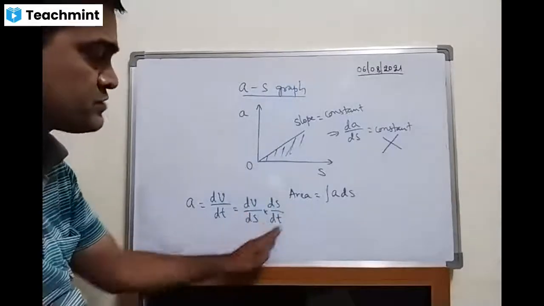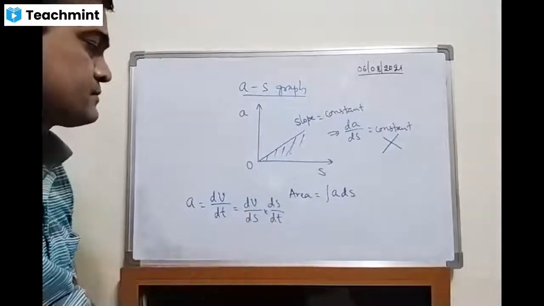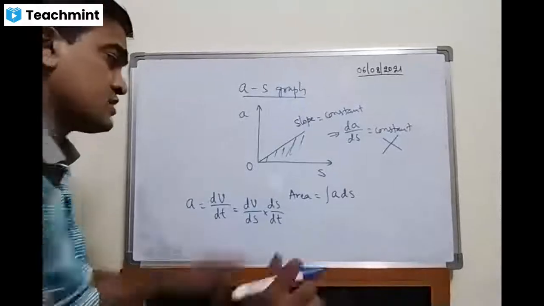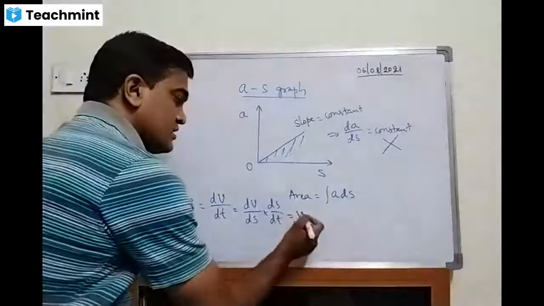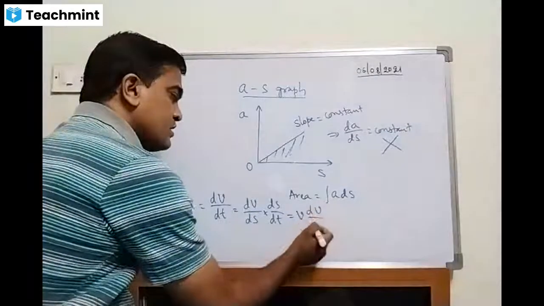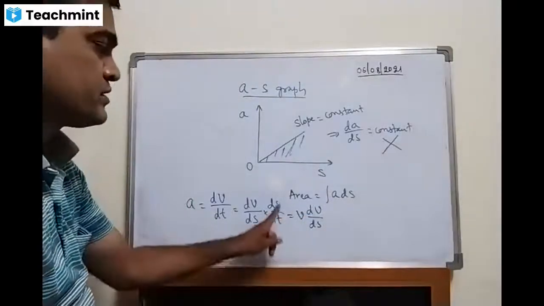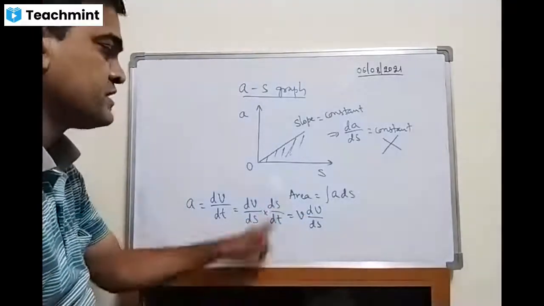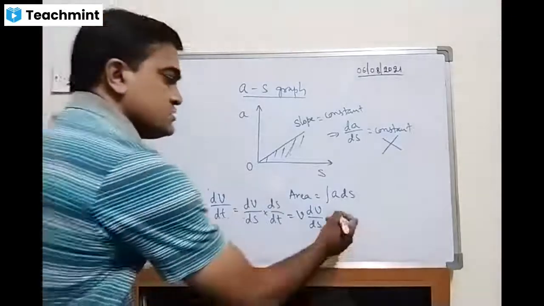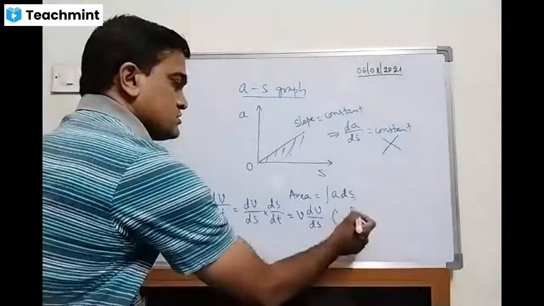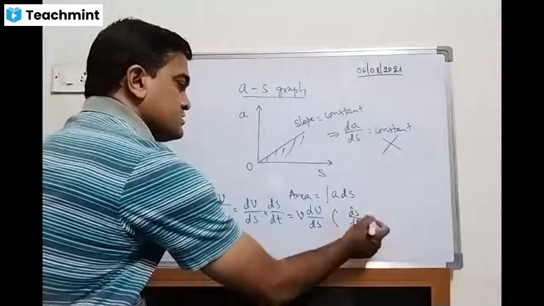What does this ds by dt give? Velocity. So can I write this as v into dv by ds, because ds by dt is v?